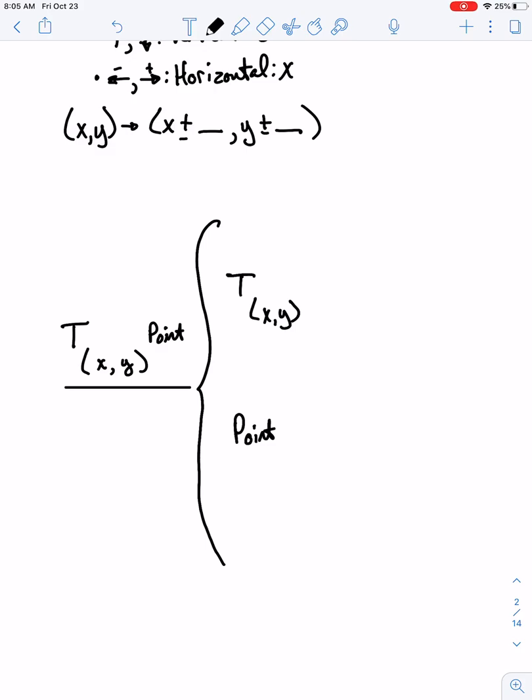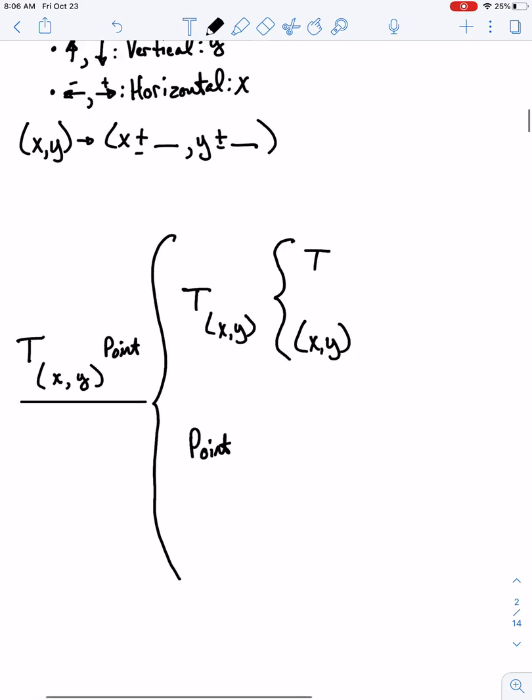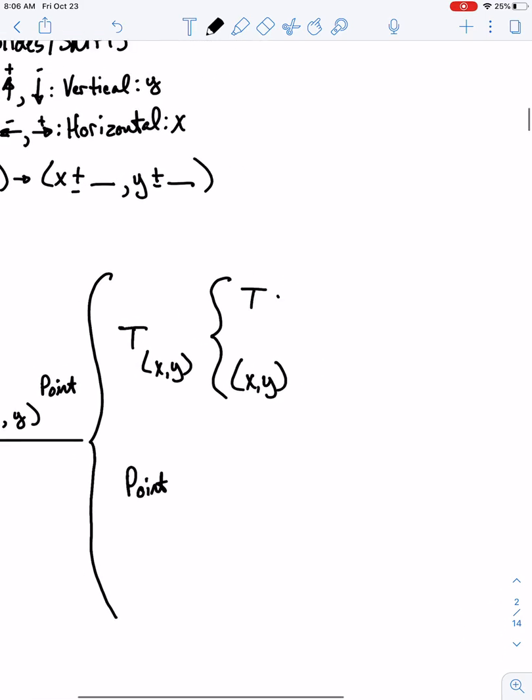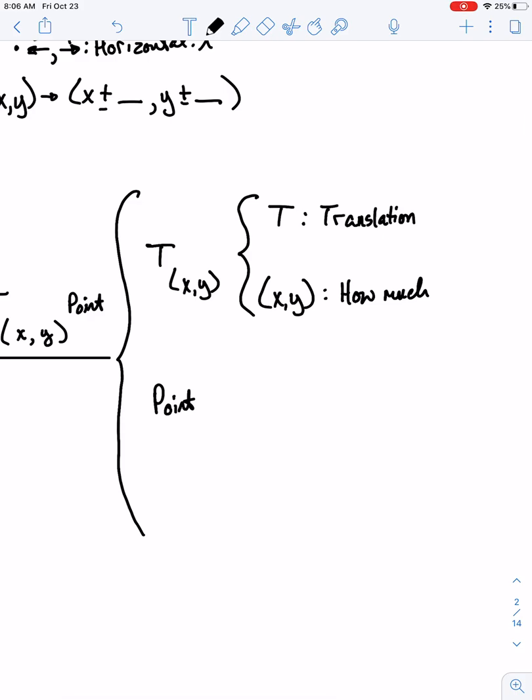T, x, y can be broken down into a couple other things. T tells you transformation or translation, and then x, y is just by how much. And then P, your point or your figure, is just going to be what is being moved.